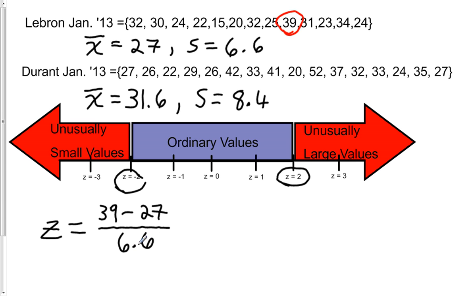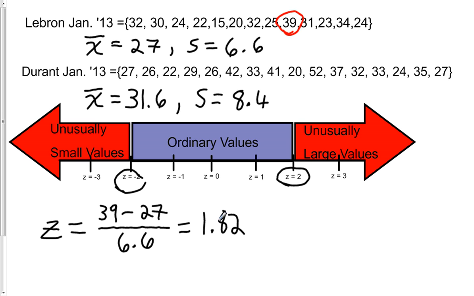And this is going to give me his z-score for that particular data value of 39. So we have 39 minus 27, and we divide that answer by 6.6, and we get that the z-score for that data value is 1.82. You should always round your z-scores to 2 decimal places, okay?